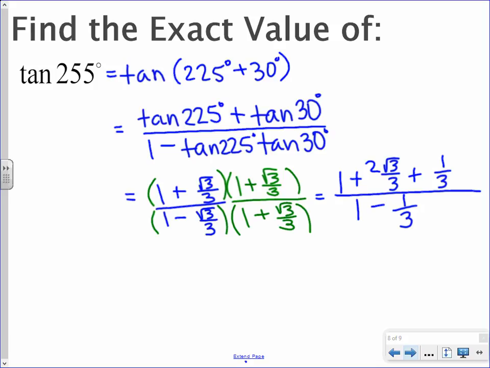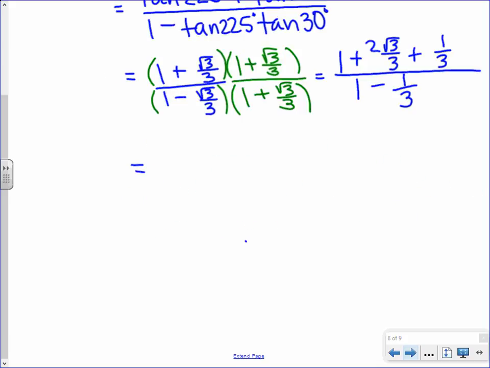So this is what I would suggest now. We don't like fractions in a fraction. So let's make our numerator 1 fraction. Let's make our denominator 1 fraction. So these terms here, 2 radical 3 over 3 and 1 over 3 have denominators of 3. So I'm going to change 1 to 3 over 3.